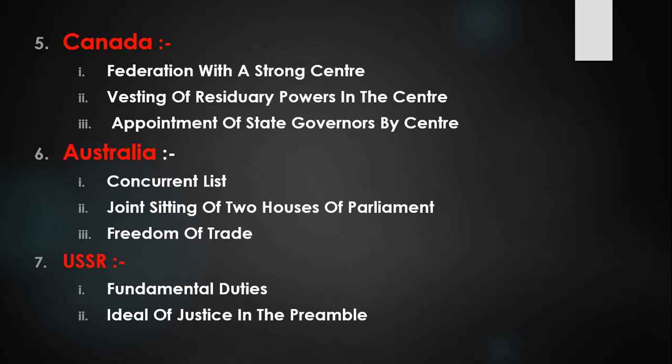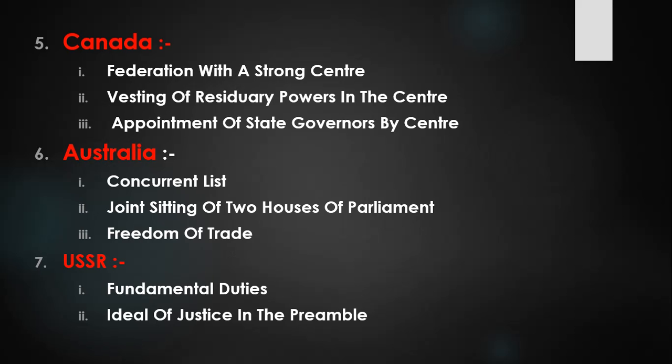The central legislature, meaning the parliament, is empowered to make laws on the union list. The legislative assemblies of states are empowered to make laws on the state list. And parliament as well as state legislative assemblies have power to make law on the concurrent list. Concurrent means it is a common list.